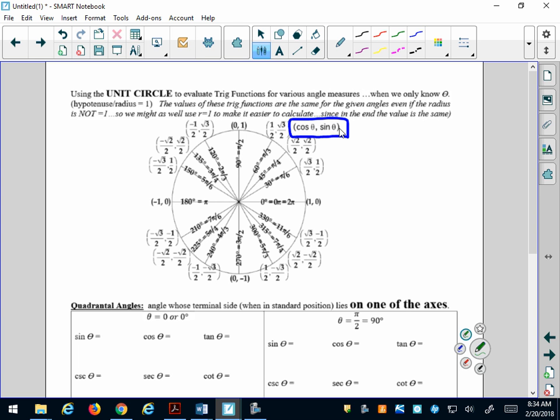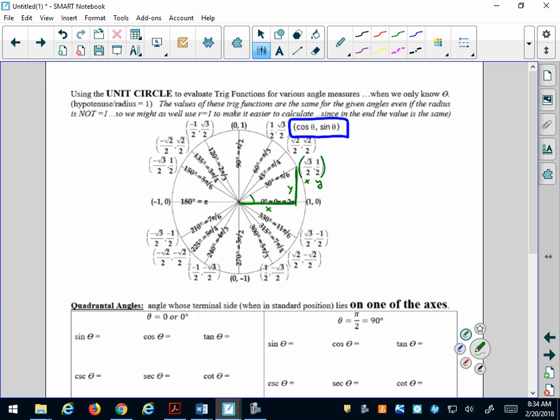Like we said, this point, for example, is what you go over x and up y. If you think of this as theta, and this triangle that we created before, if you're going over x and up y, this distance is your x, this distance is your y.